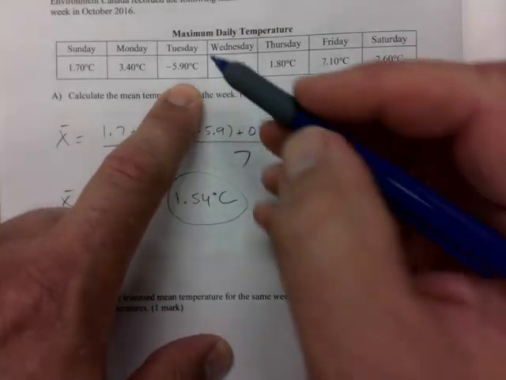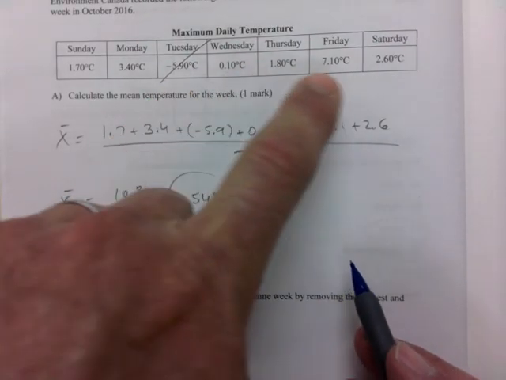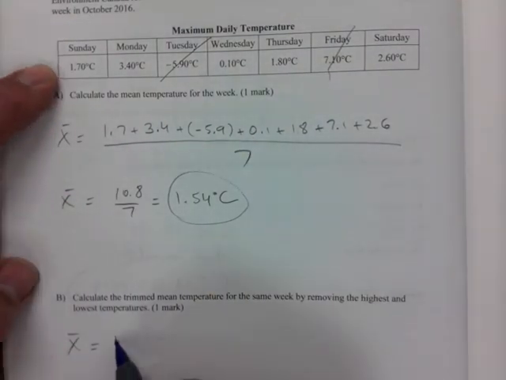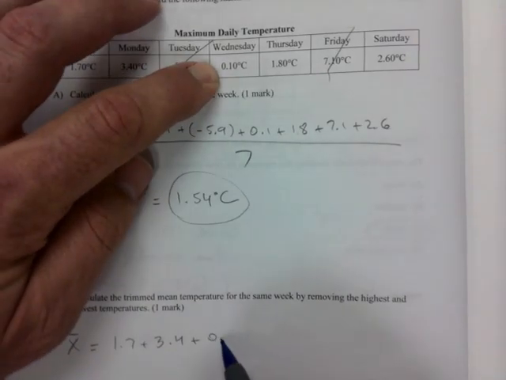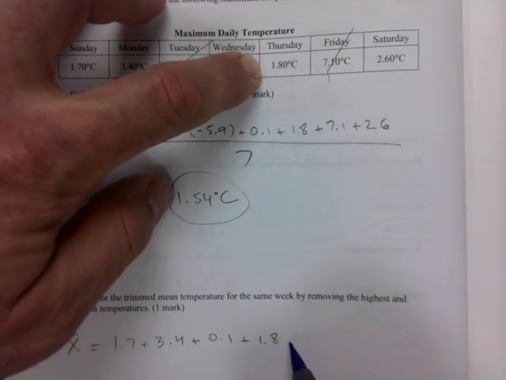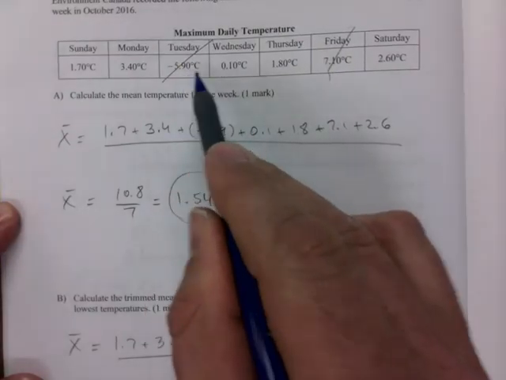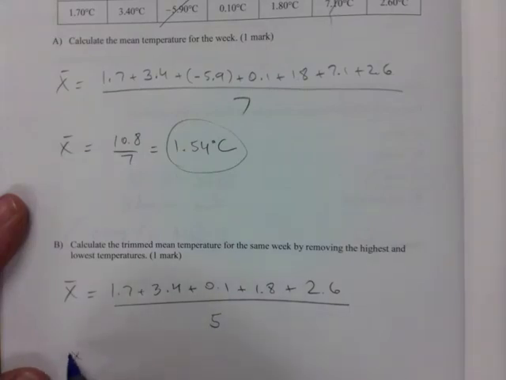This is my lowest temperature. And my highest temperature is 7.1. So now I will just go 1.7 plus 3.4 plus 0.1 plus 1.8 plus 2.6. Okay, so you're omitting the lowest and the highest. They asked you for it, and you're only left with 5, right?